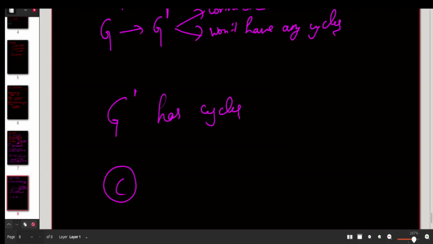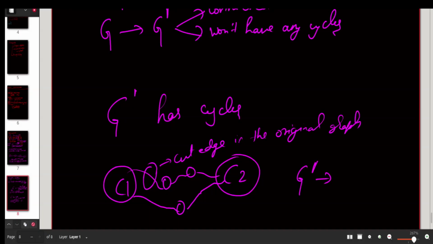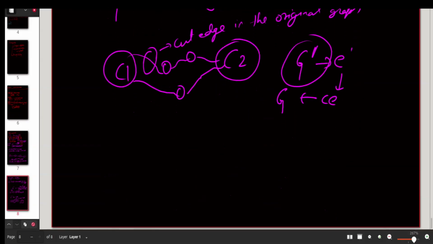So between component 1 and component 2, there are some intermediate nodes. There are several paths. If this is the case, then this edge can't even be a cut edge in the original graph. Because all the edges of G dash are actually the cut edges of G, you will not have two different paths from one vertex to another vertex. So it is acyclic as well as connected. So we can assume that the resultant graph is a tree.